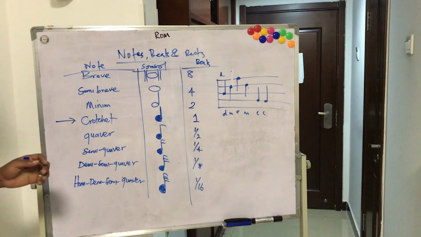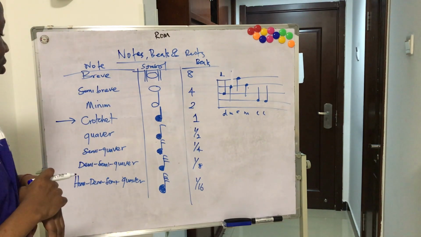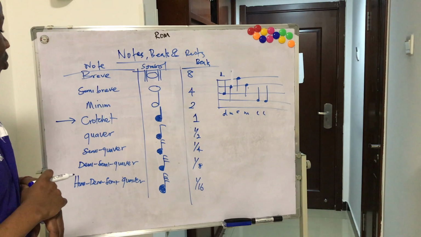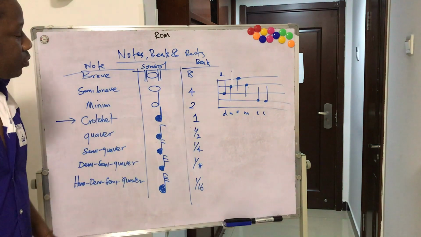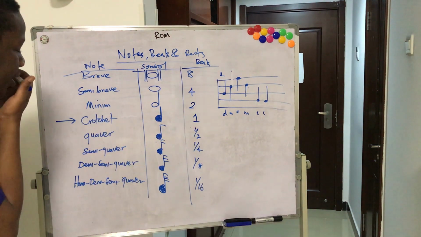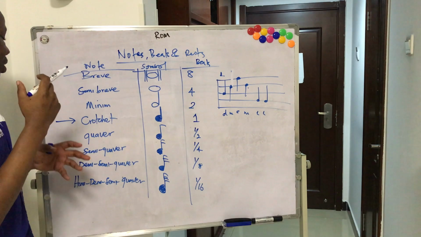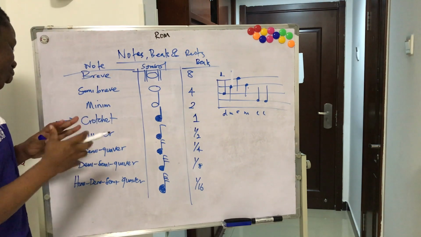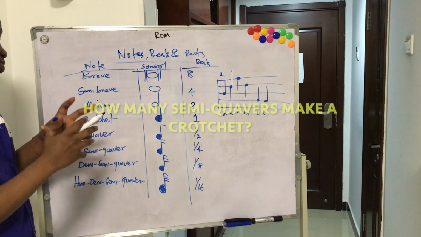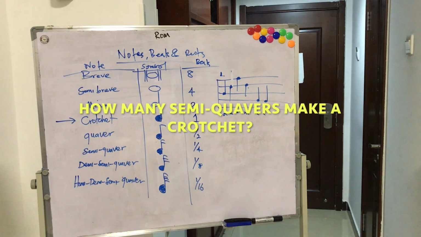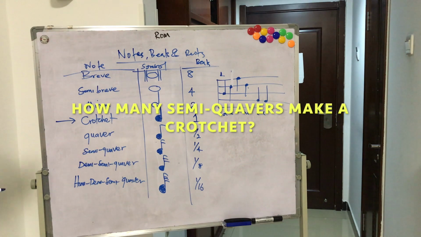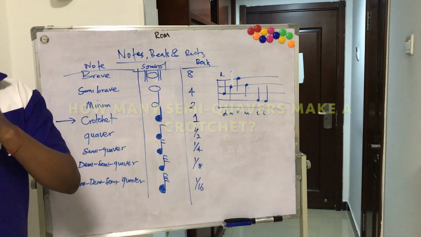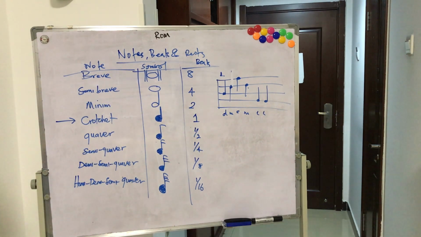Now we can do some mathematical manipulations here. If crotchet is 1 beat, how many semiquavers make a crotchet? 4.